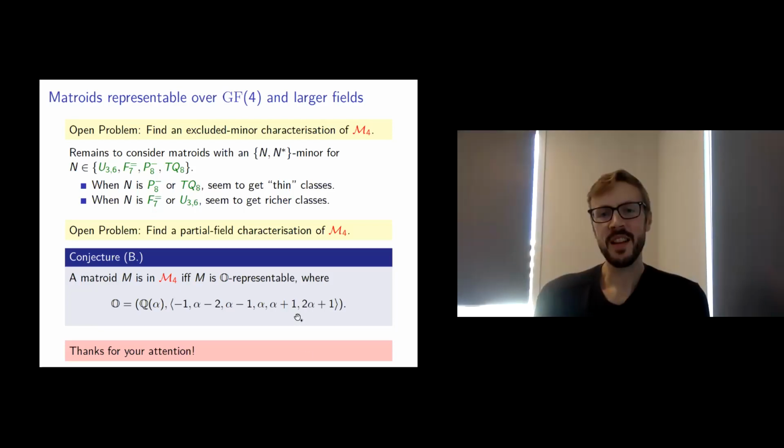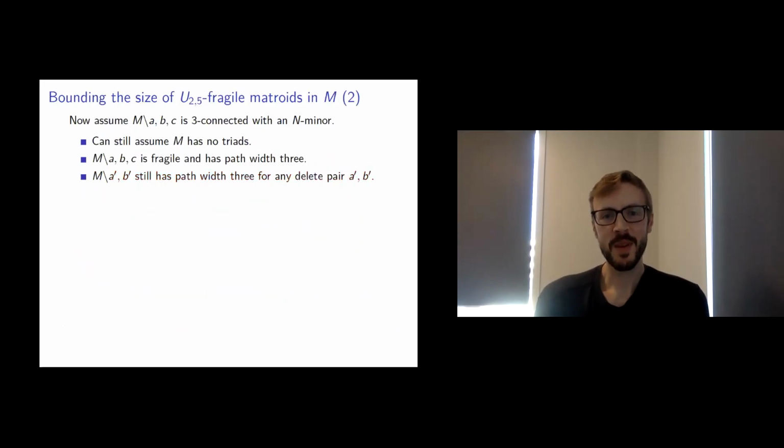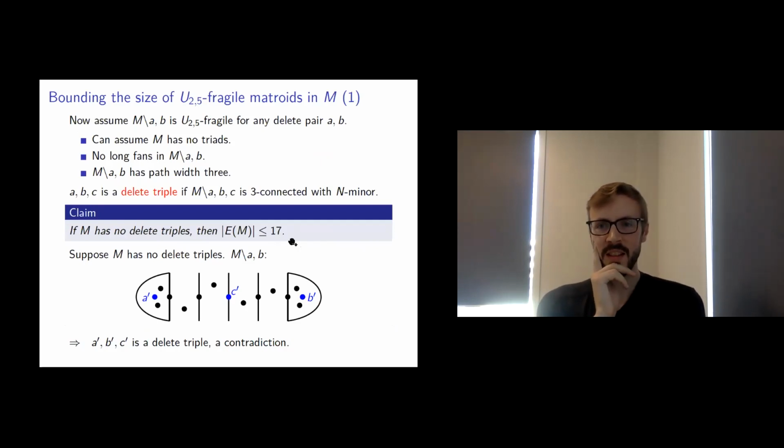Yeah, so I think there's probably one place where we get 17 here, this no delete triple case. I think this one's going to be quite difficult to get down because you can construct a matroid M delete A B that has 15 elements and doesn't have such a pair A prime, B prime, C prime.